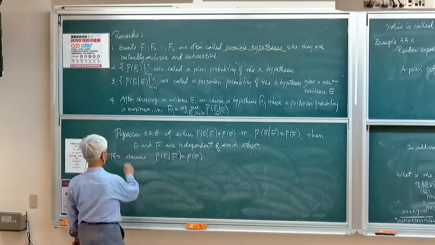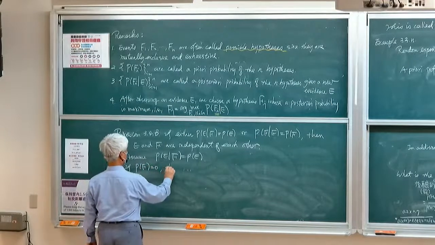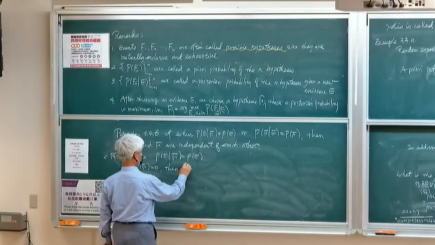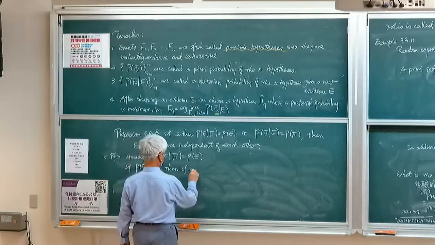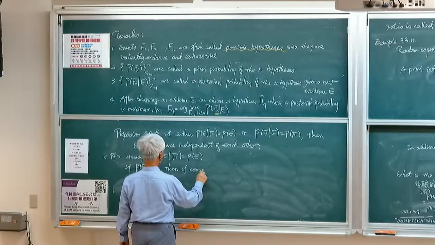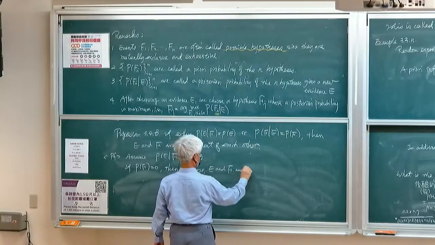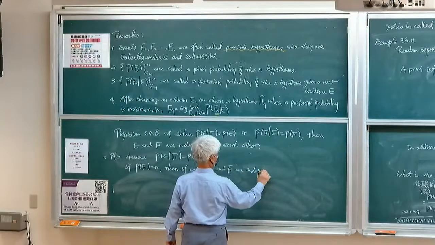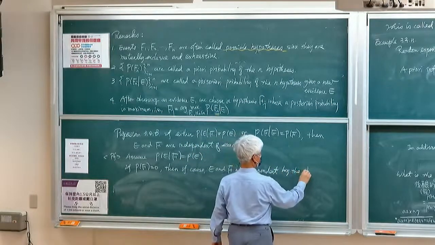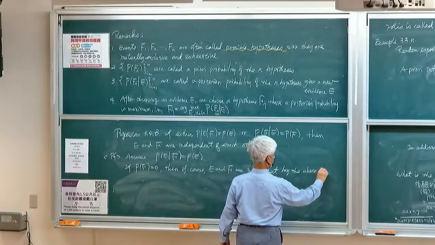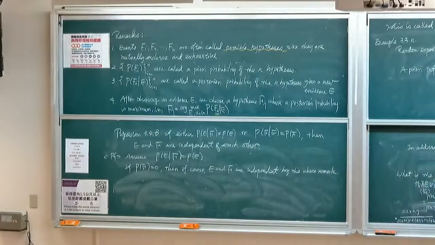If the probability of F is equal to 0, then of course E and F are independent, by the above remark. Right? We made a remark before here.